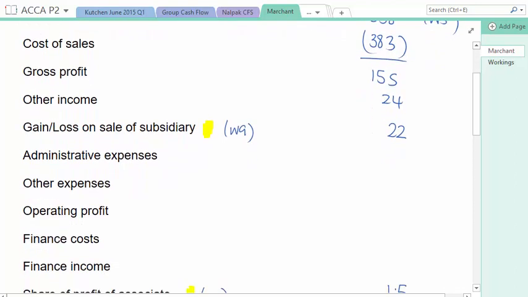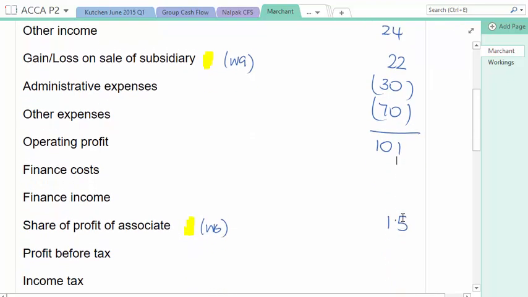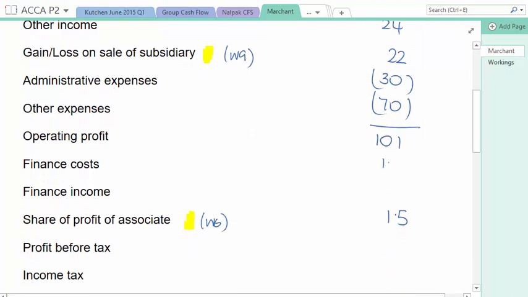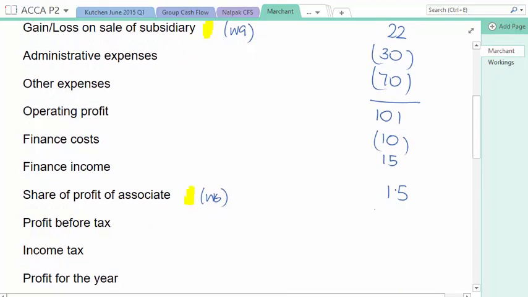We ended up with administrative expenses of 30, other expenses of 70. So 155 plus 24 less 30 less 70. Operating profit 101. Finance costs 10. Finance income 15.